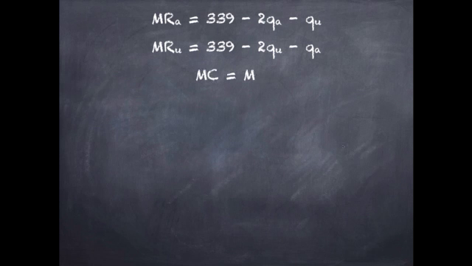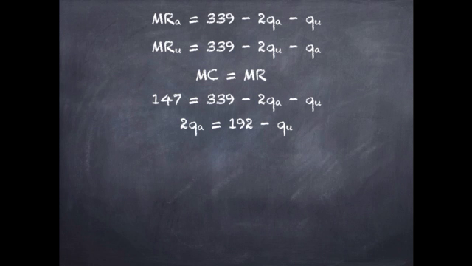Now for American, remember that originally the marginal cost was equal to, I believe, 147. And yes, I guessed correctly there. So if we want to figure out profit maximization for American, we would set their marginal cost, 147, equal to the marginal revenue curve. So we get 147 is equal to 339 minus 2QA minus QU.